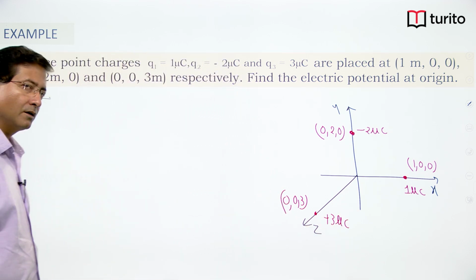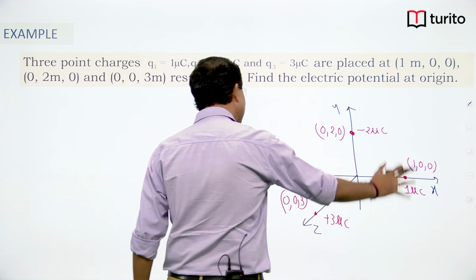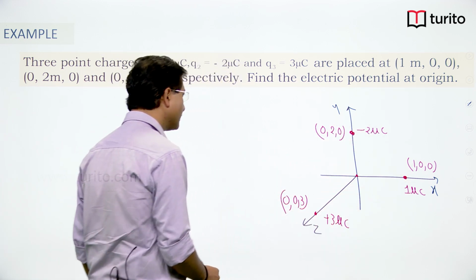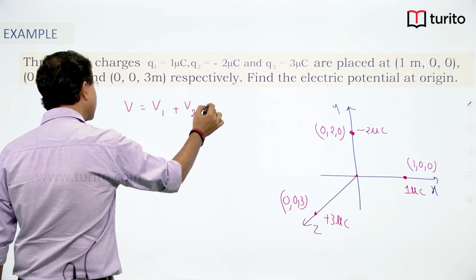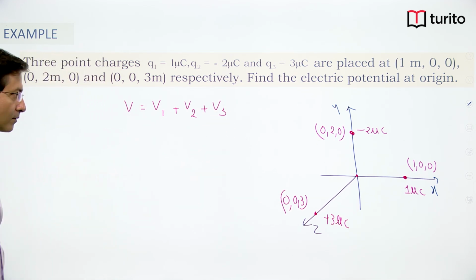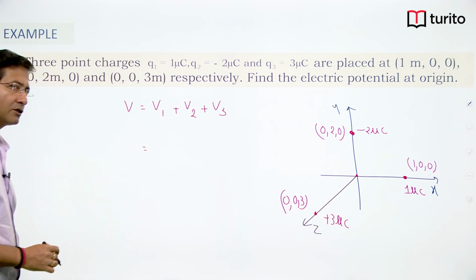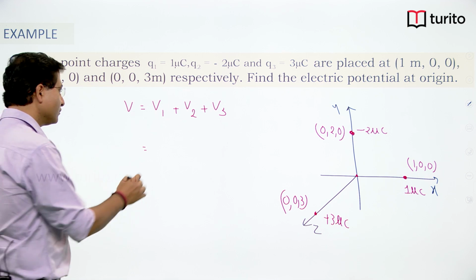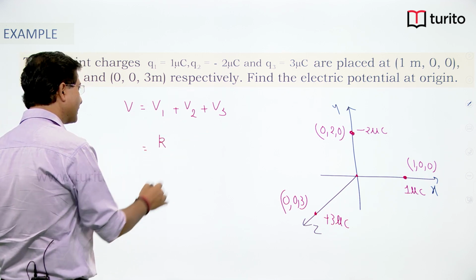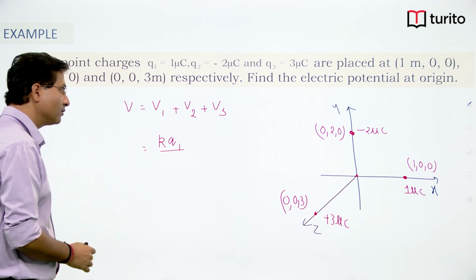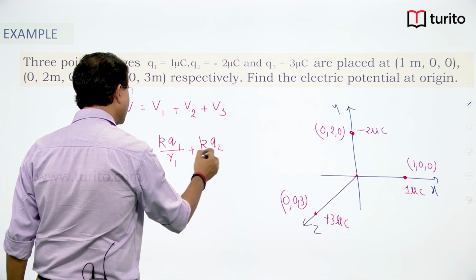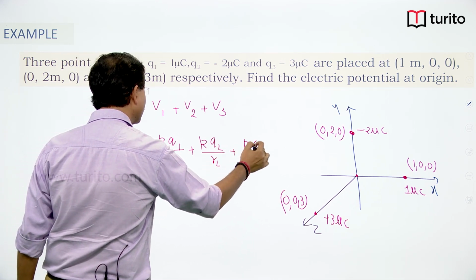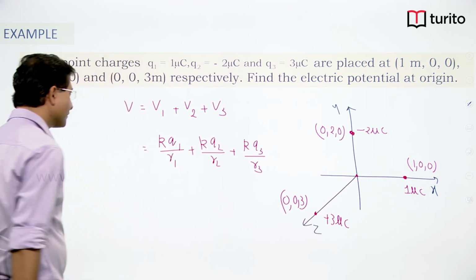Now the question is, due to this discrete charge distribution, what is the potential at this particular point? As potential is a scalar quantity, I can directly write the potential produced by the first one, second one and third one, and I can add. Now the potential produced by the first one is KQ1 divided by R1 plus KQ2 divided by R2 plus KQ3 divided by R3, right.